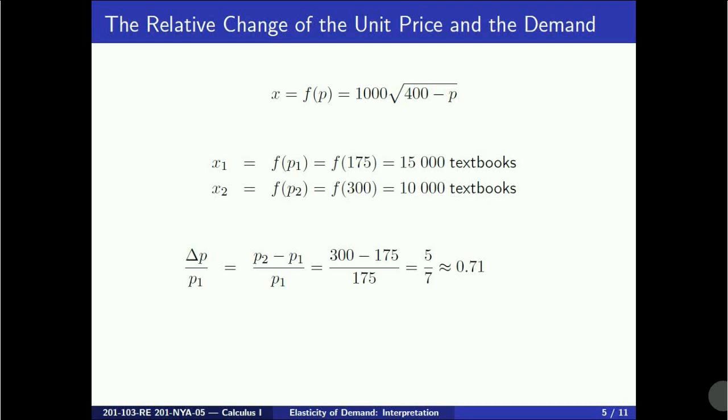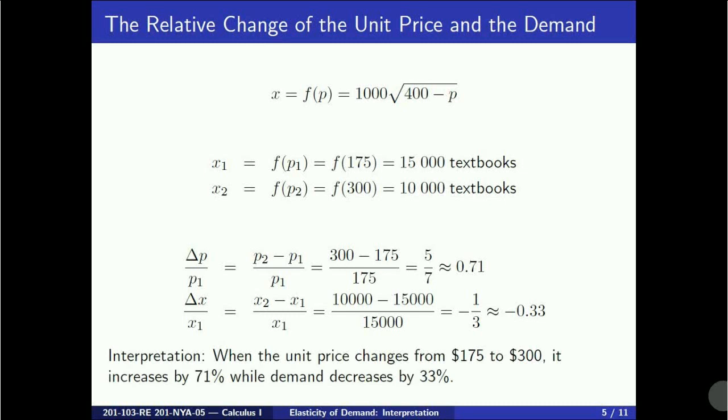The relative change in the demand is obtained the same way by computing (x2 minus x1) over x1, so (10,000 minus 15,000) over 15,000, which is minus a third, or approximately minus 33%. Finally, the interpretation is that when the unit price changes from $175 to $300, it increases by 71%, while demand decreases by 33%.